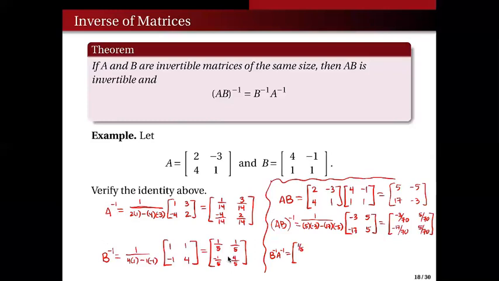So 1 over 5, 1 over 5, negative 1 over 5, 4 over 5. Multiply it to A inverse, which is 1 over 14, 3 over 14, negative 4 over 14, 2 over 14.